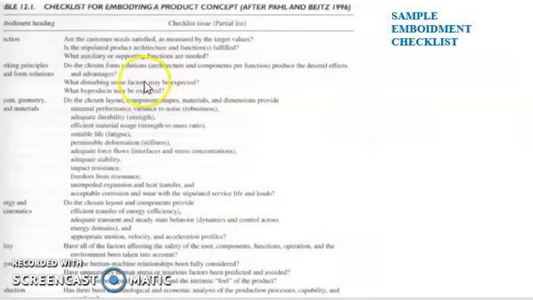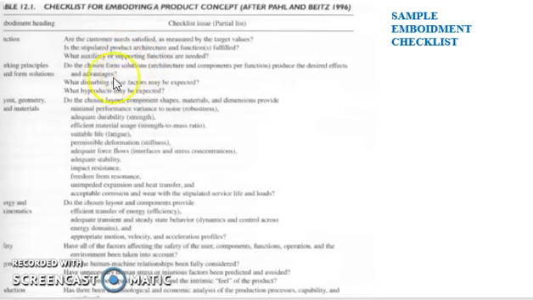In embodiment checklist, questions are asked specific to embodiment heading given in the first column. It is used to check the engineering specification of a product through a series of questions falling under the 4 design principle categories. A mathematical model or a physical prototype is often required to measure the performance of product.